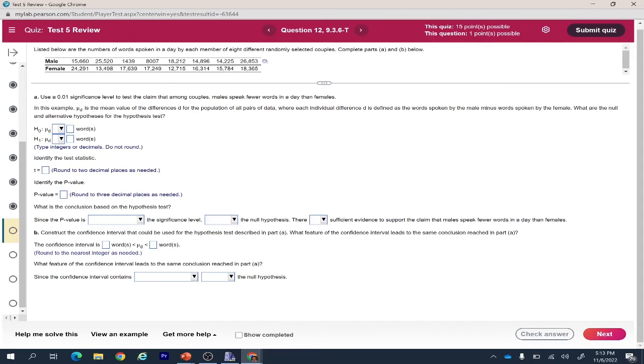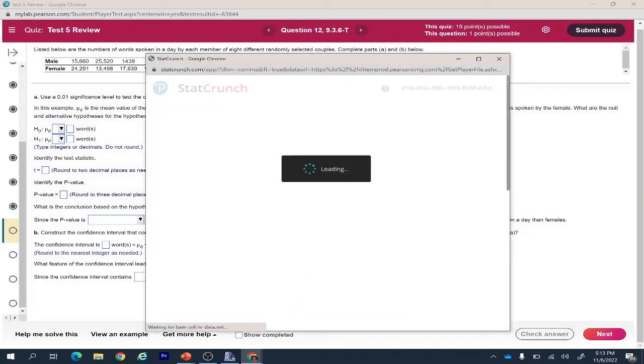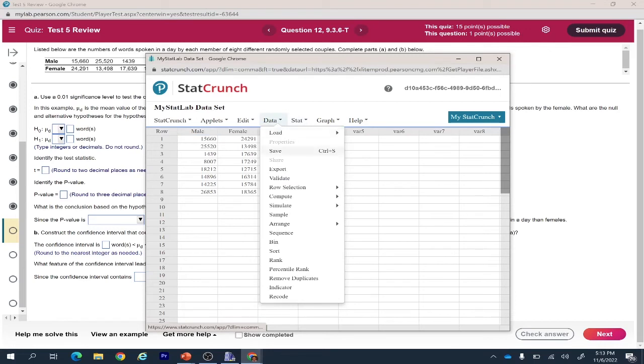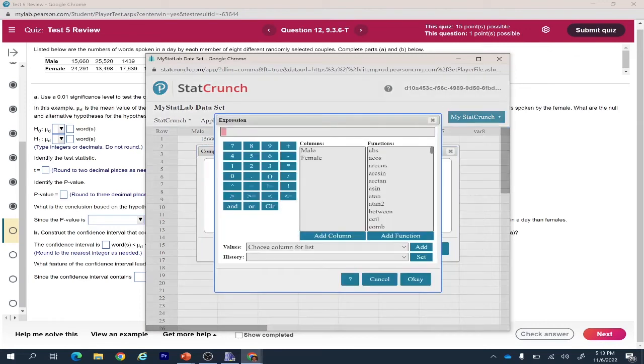words spoken by the female. So you have to find the difference between these two columns. Just copy this into StatCrunch, and it's going to give you the two columns. First column is for the male, second column is for the female. You can go to Data, Compute Expression, and build.